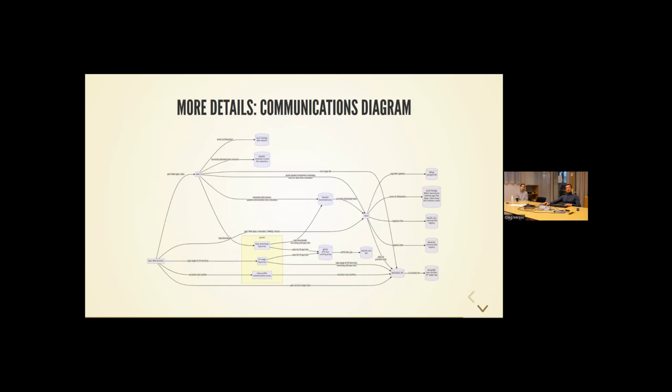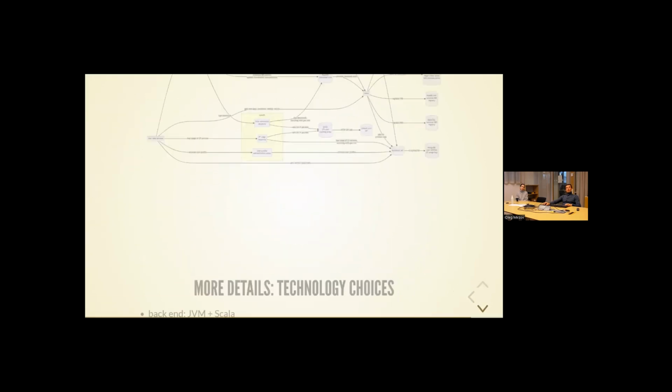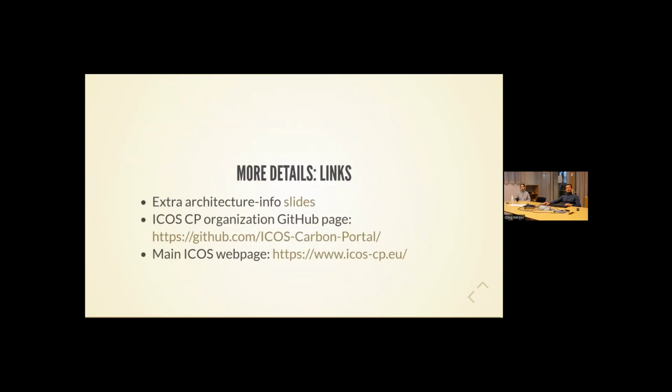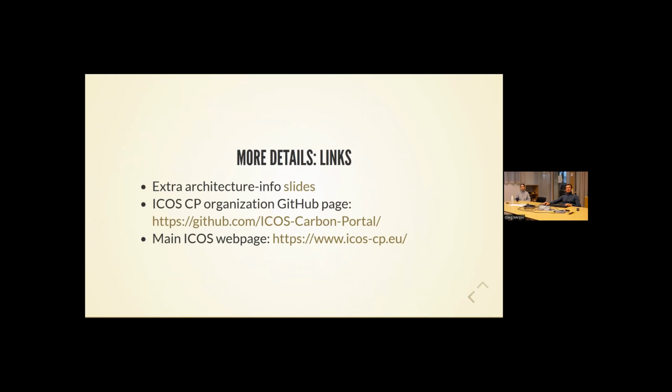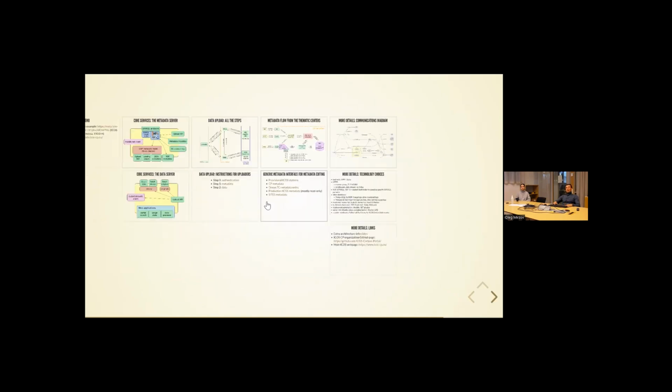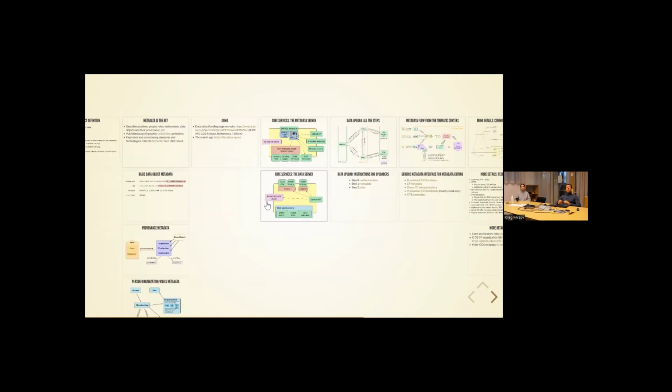Of course, no need to go into details on this. This is for the technically savvy who are curious what tools we use and what software and programming languages and so on. And this is just a few extra links. That is all I have, I think. We now can use the rest of the time for questions and discussions.